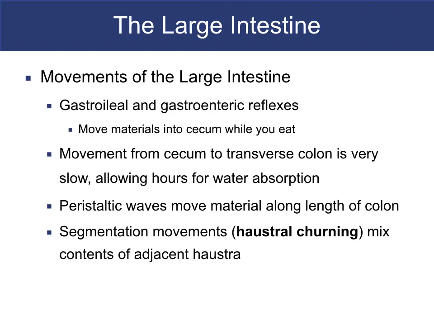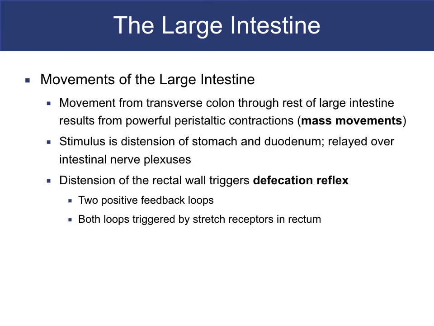The haustra, these segmentation things that move the contents of the colon back and forth a little bit to allow the water to get reabsorbed better. But the one that I want you to understand a little bit here, and you should read about this in your book, is called mass movements, which is different. That's only found in the colon. And the other one is this thing called the defecation reflex. And I know that you've all felt this.